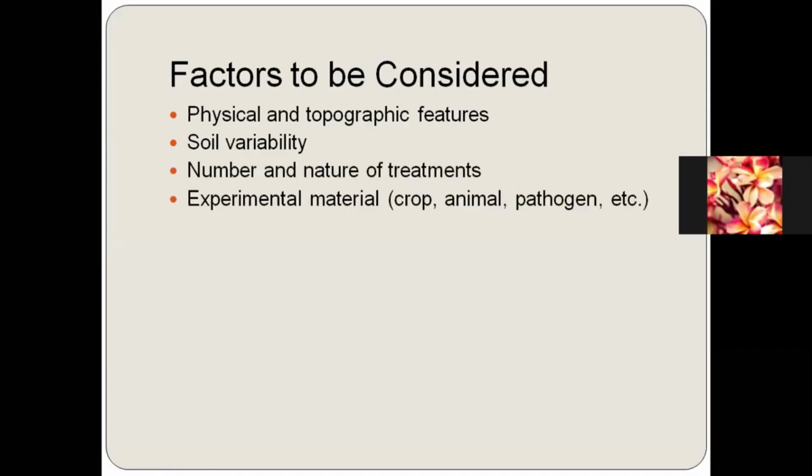Then the number and nature of the treatment. How many treatments? I have seen so many problems in getting the nature of the treatment. For example, I'm going to test the department recommendation, urea, let's say, as a basal dressing.